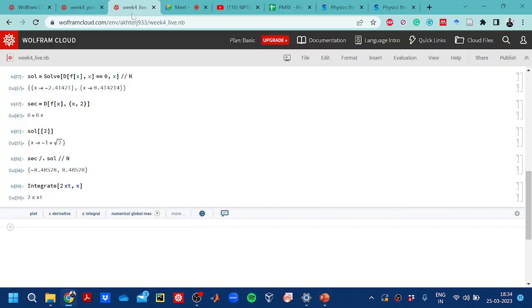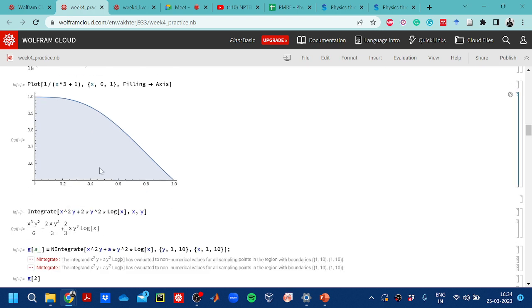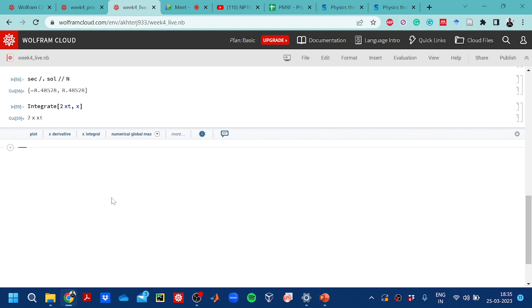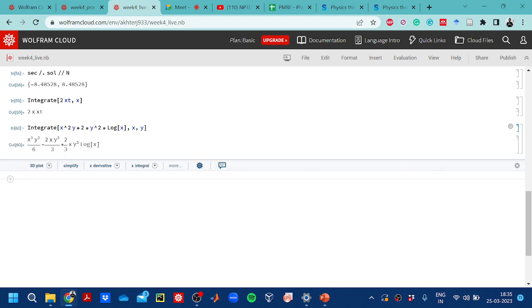So let us go through some examples. This is a function of two independent variables, x and y, and we want to integrate it with respect to both x and y. So we are doing a surface integral here. If we run that, then it will give us the integrated value.